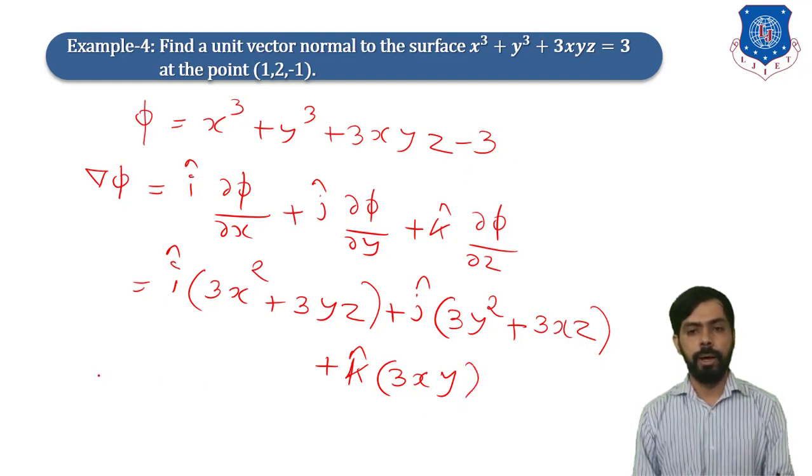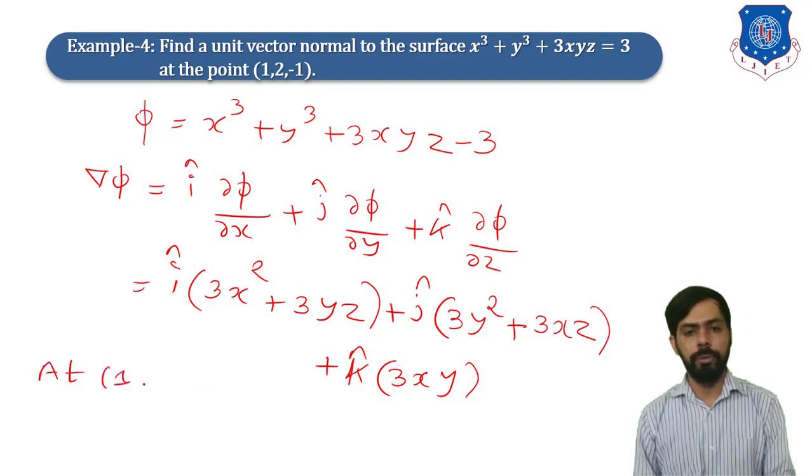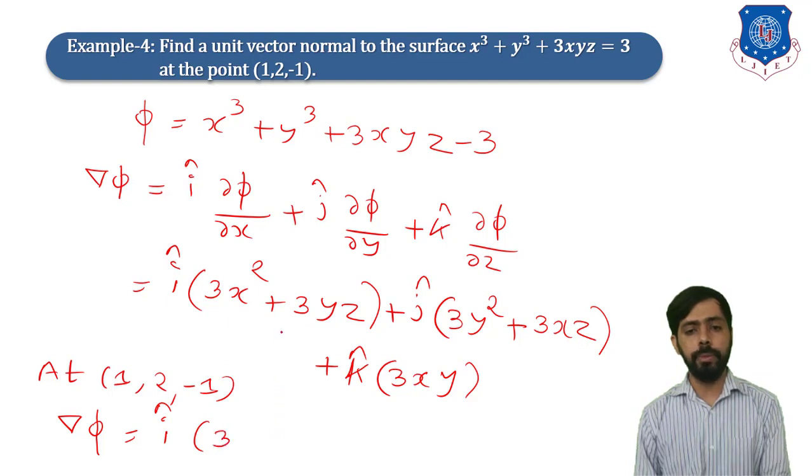Now we will have to find out grad phi at point (1, 2, minus 1). For that purpose we replace x by 1, y by 2 and z by minus 1 in this result. Then it will be i cap in bracket 3 into 1 square, so it will be 3, plus 3yz, where y is 2 and z is minus 1, so it will be minus 6.